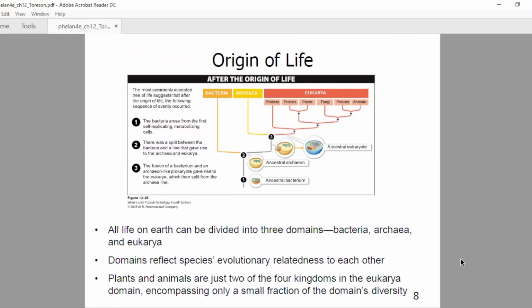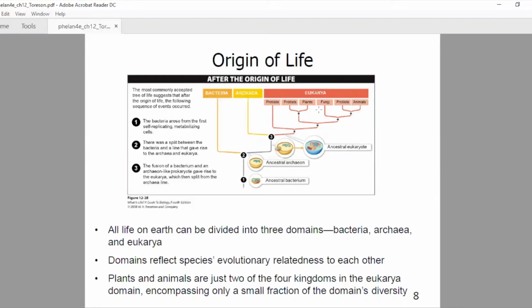On slide 8, figure 12.8 shows you a brief overview of the origin of life. Early life were small, simple cells that resemble prokaryotic cells like bacteria we have today. Over time, those cells developed into the organisms that we know are part of the eukaryotic family, which include plants and animals like us.